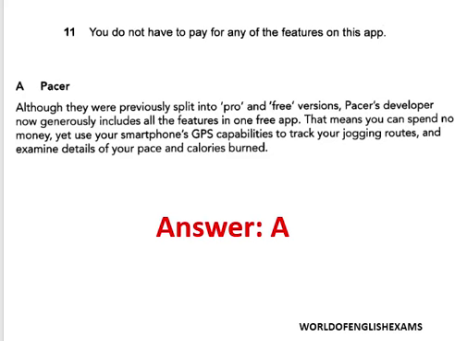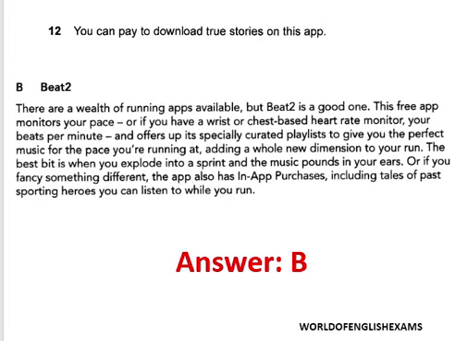Pacer's developer now generously includes all the features in one free app. This clearly says that you need not buy any of the updates, so any of the features. So all the features are available for free. So clearly what is the answer? It is A. Now moving to the next statement.